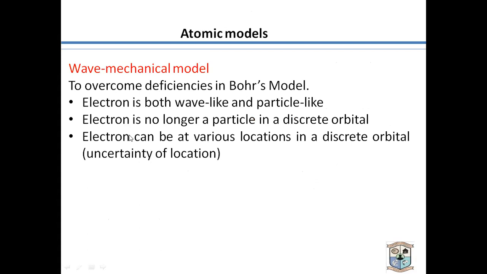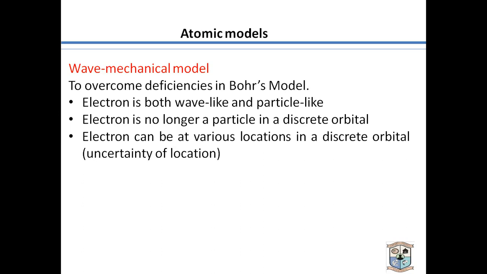Then there's also what is known as the wave mechanical model. To overcome the deficiencies in Bohr's model, the wave mechanical model was established. Under this model, the theory is that the electron is both wave-like and particle-like, and that the electron is no longer a particle in a discrete orbital, but can be at various locations in an orbital, so there is uncertainty of its location.